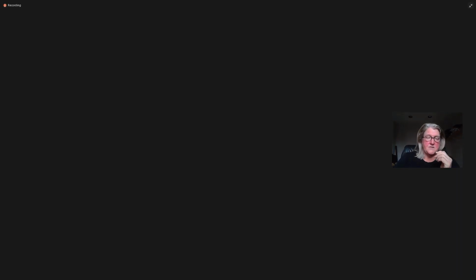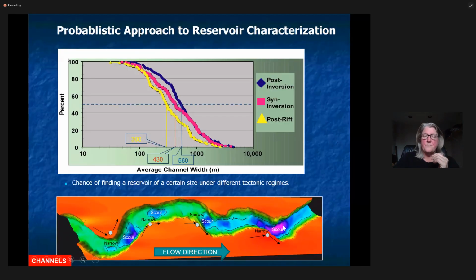The other thing we notice, if we zoom in even tighter on a single channel system and look at its morphology, is that we have scours at very specific points within this channel system. Right after you make a turn in the morphology or the bend of the channel system, you get a narrowing of the channel and a scour.